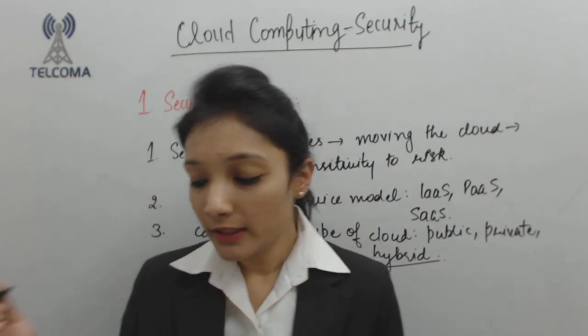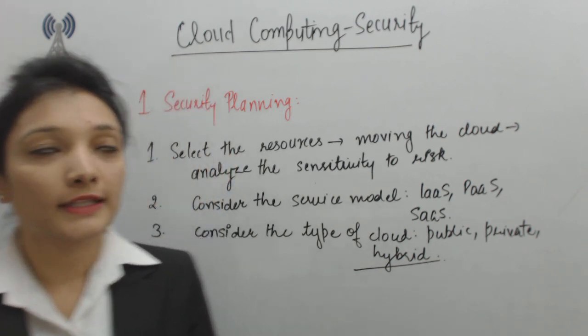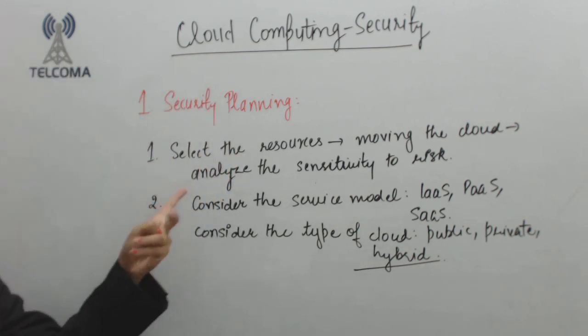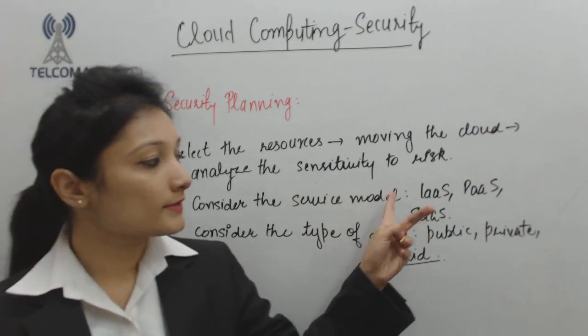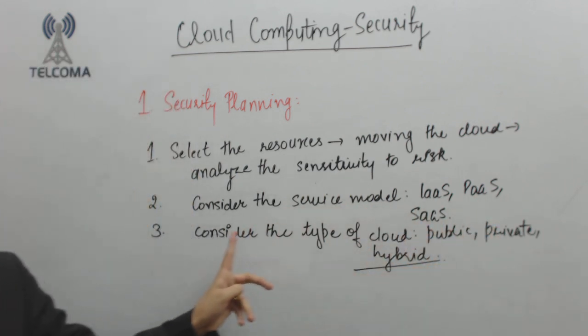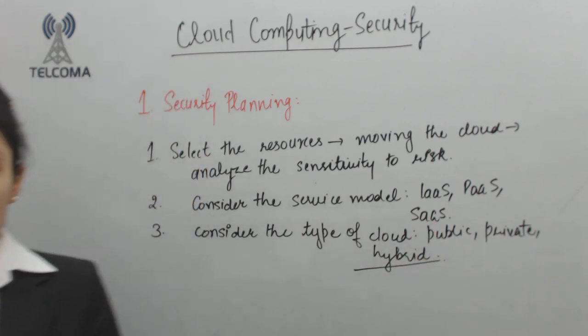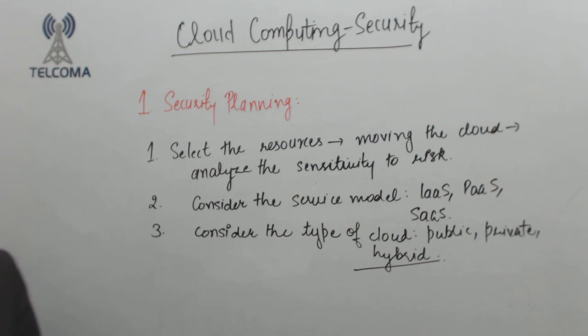Now after that, you have to understand the system of the cloud provider also. After these facts, selecting the resource, considering the service models, defining their boundaries, then implementing the security measures. After that, considering the type of cloud, public, private, or hybrid. Now the next step is that you have to understand the system of the cloud provider also.